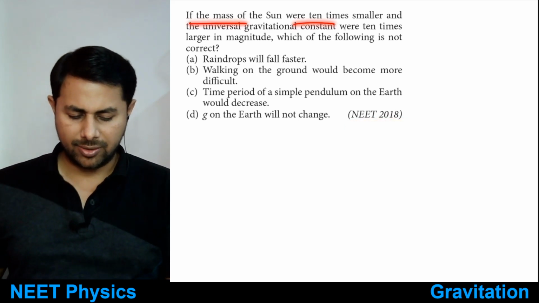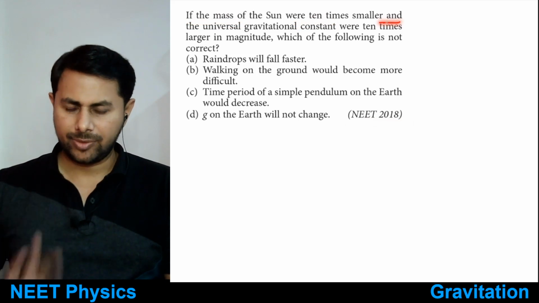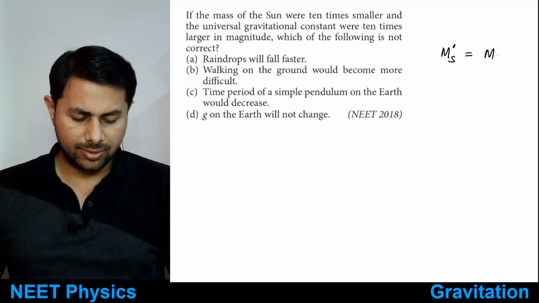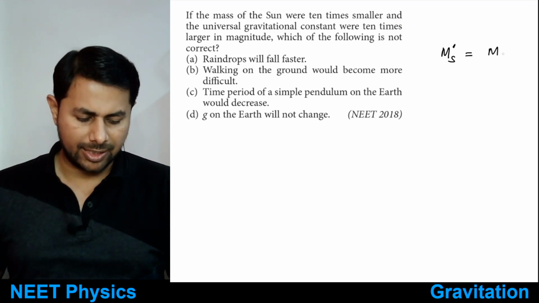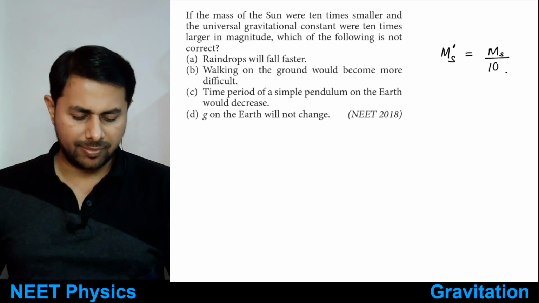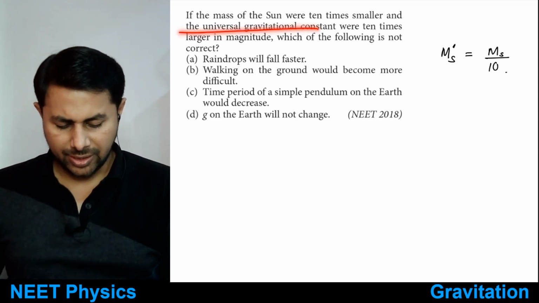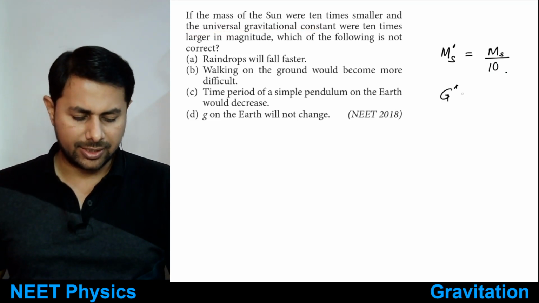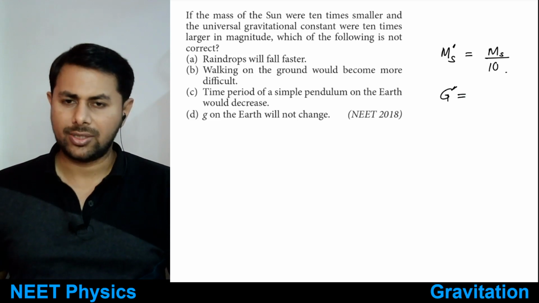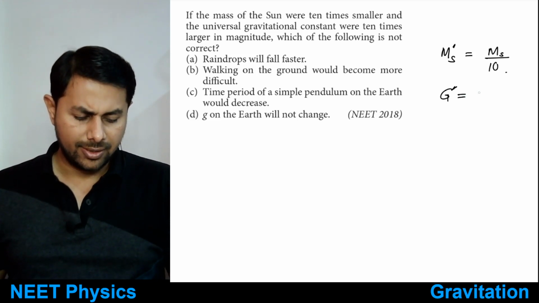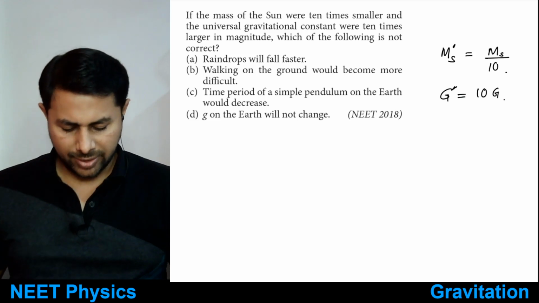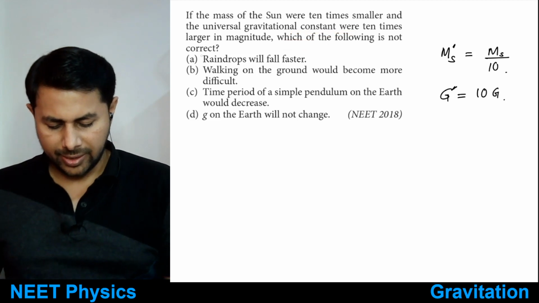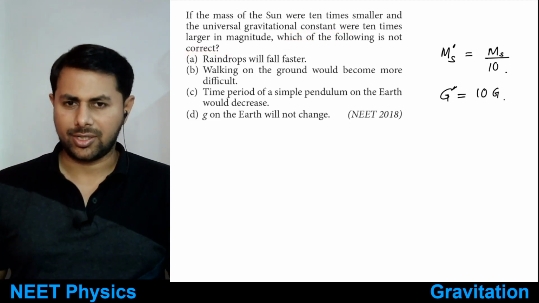If the mass of the Sun were 10 times smaller, let's say the mass of Sun prime is 10 times smaller, means right now the mass of the Sun is Ms, so it becomes Ms divided by 10, and the universal gravitational constant were 10 times larger in magnitude. Then which one of the following is not correct?